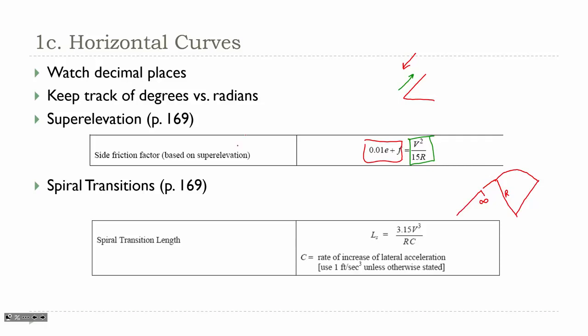So they build in the spiral transitions so that it will turn around the curve itself. So this equation is what allows you to calculate the length. So the total length of the spiral would be this. L sub S is how long that spiral needs to be. So you've got the speed and then the radius of the curve, and then C you would assume to be a value of 1 unless otherwise stated in the problem.